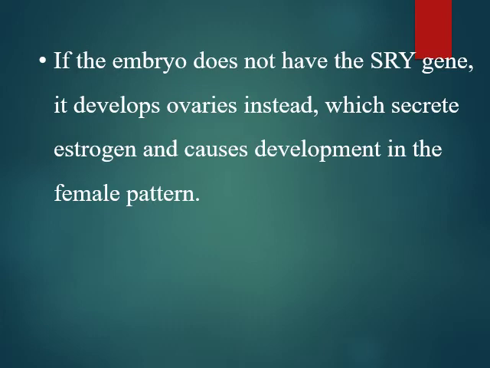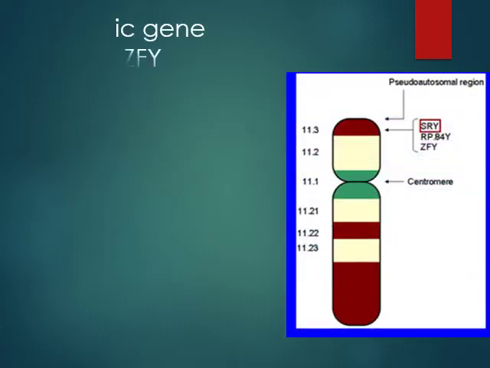In one experiment, when the SRY gene was injected into normal female XX mice, they developed as males instead of females, but these males were sterile. The other gene located on the Y chromosome adjacent to the SRY gene is called ZFY.